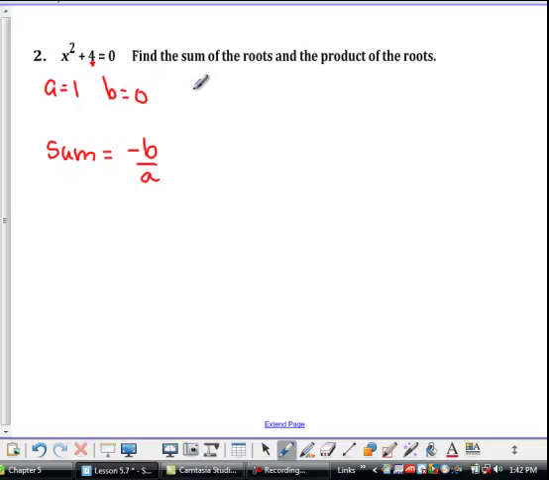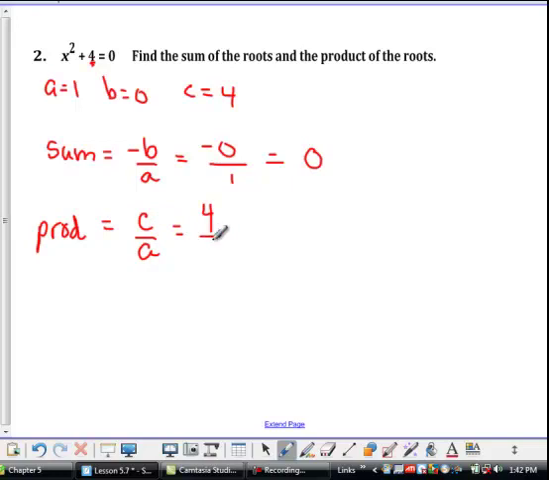And the 4 is the c value. So -0 over 1. No such thing as -0, so the sum of the roots is 0. Product is the c value over the a value. So the c value is 4, the a value is 1, so the product is 4.